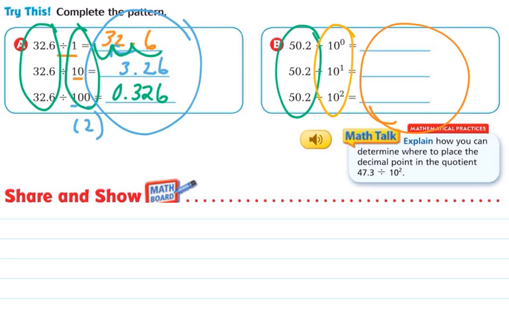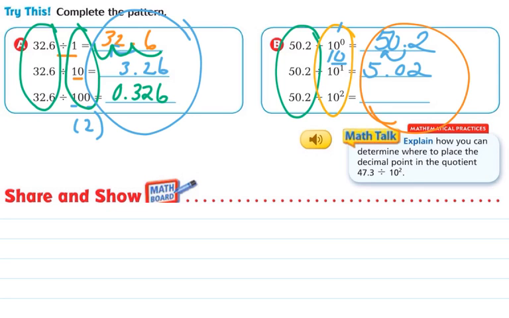The 0 power of 10 would be equal to 1, boys and girls. So 50 and 2/10 would be 50 and 2/10. Next, the first power of 10 would be 10. So there's one place of 0 in there. So we're going to lose one place. So we're going to move, and we get 5 and 2 hundredths.